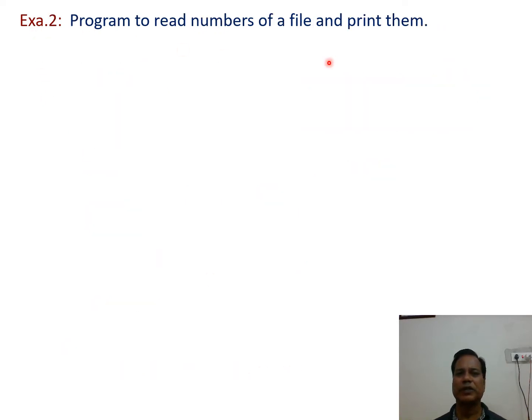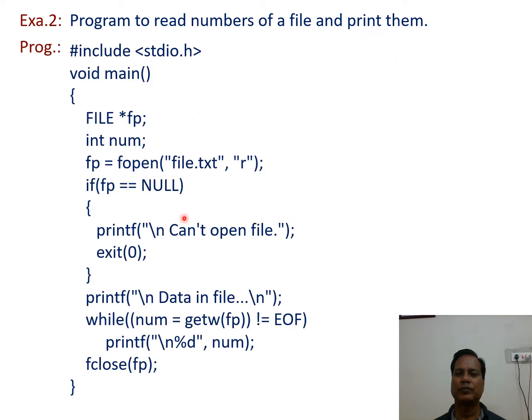Now let us discuss another example. In this program, we read numbers from a file and print them. The program may be written like this one. In this program, the first statement declares the file pointer fp and the second statement declares the integer variable n.